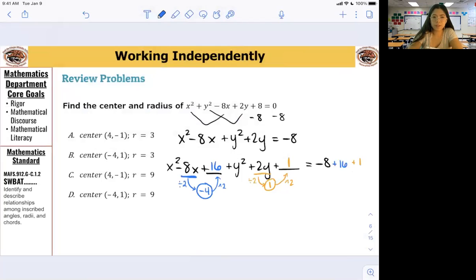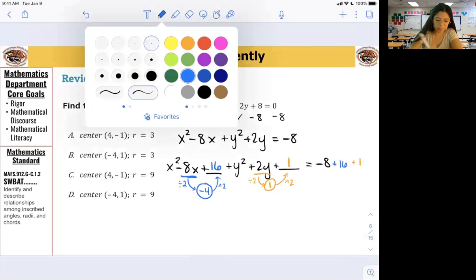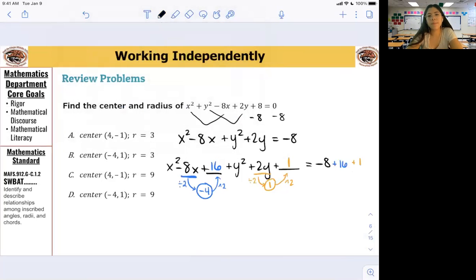Okay. So next up, after I complete the square, what do I do? Okay, so I got to add up what's on this side. That's true. What about the left side? Good.